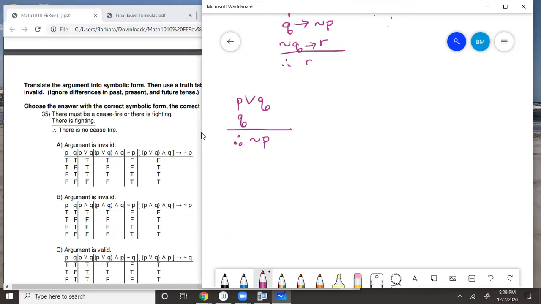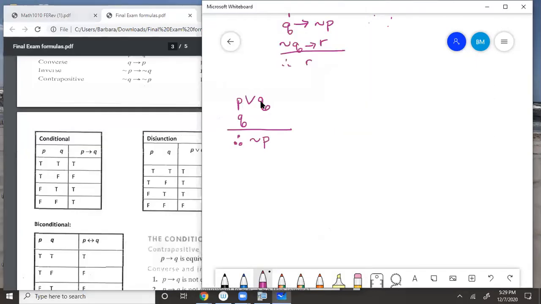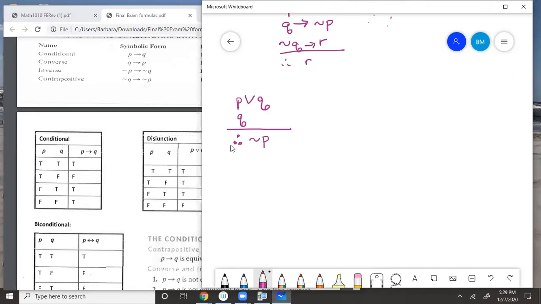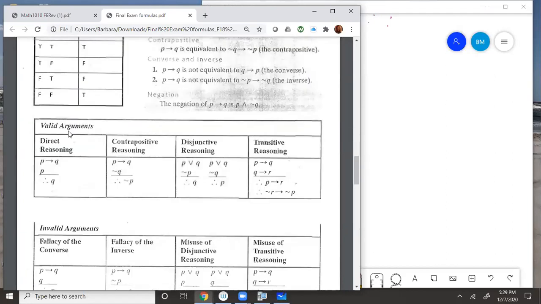All right. Now I can tell you whether this is valid or invalid right off the bat, because we have our formula for this. If P or Q and Q is true, what they're saying is P is not true. And here's the fallacy of the disjunction. These are valid arguments: if P or Q and one of them is not true, then you can definitely say the other is true.